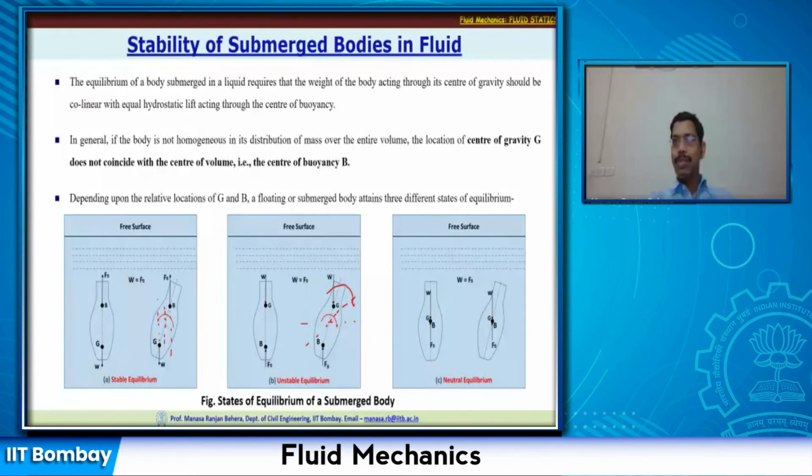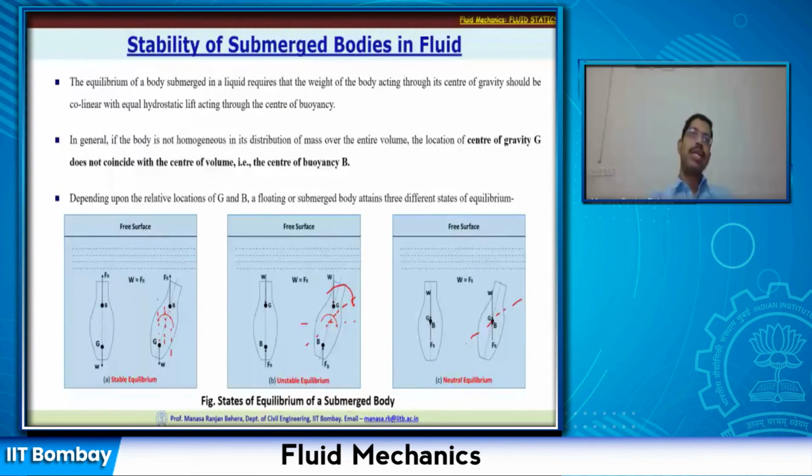The axis of this body has moved, but the forces are acting at the same point, so they don't generate any moment. So eventually it will remain in that position wherever or whatever displacement you have made. If you tilt this body again to another position, it will remain in that position. So this condition is called neutral equilibrium.